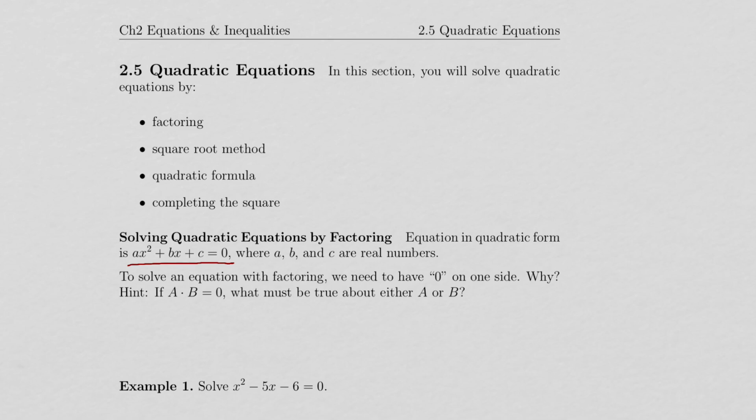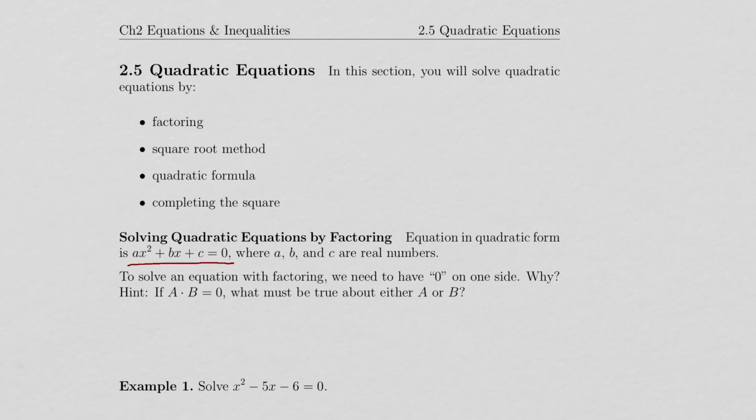Now, whenever you're solving a quadratic equation, you always have to set the equation equal to 0. Why is that? Well, let's say I have two factors. Ultimately, we're going to try and factor that left-hand side. Let's say we have two factors, A and B, and when you multiply them, you get 0. What does that mean?